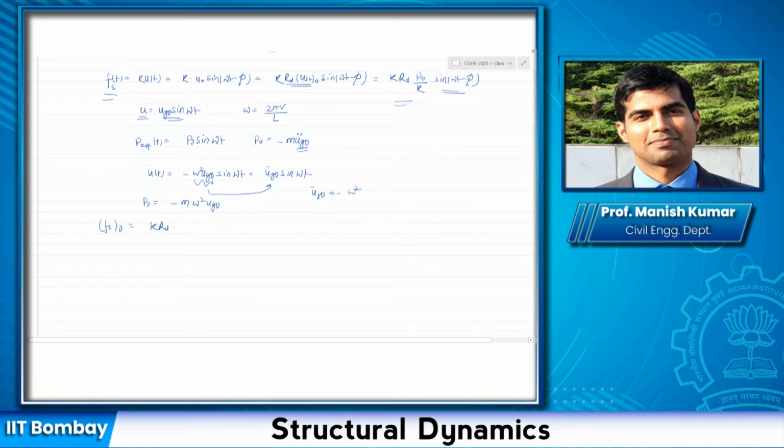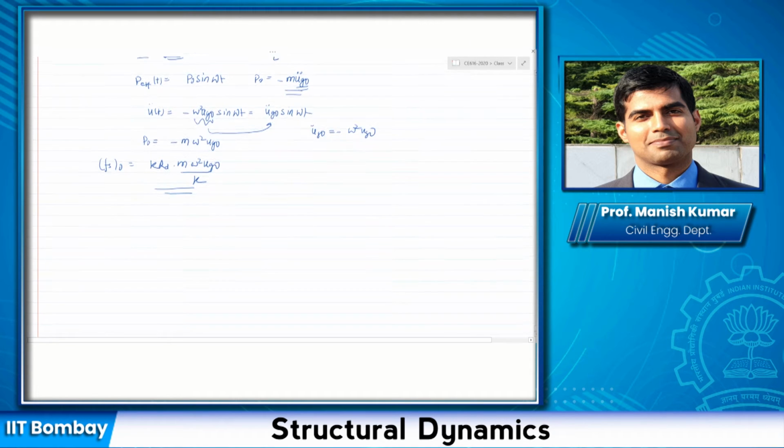Not that it matters, but let me write this anyway. So P effective, which is the minus of this, the minus would become plus. So I will write this as m omega square ug divided by k. This whole quantity is the peak value of the spring force.